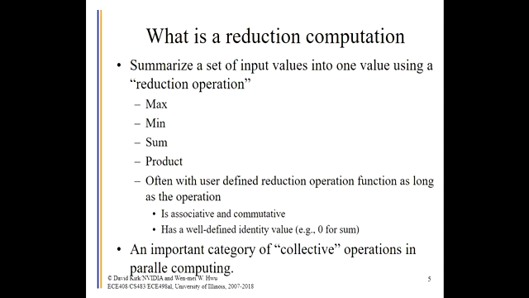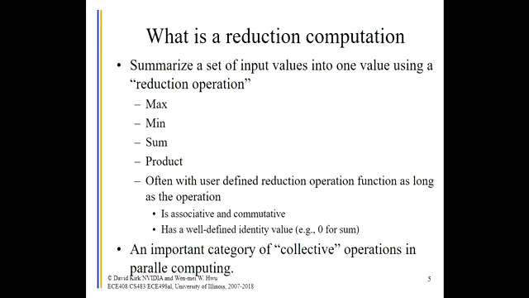And for sum, the identity value will be 0, because 0 added to any value will be that other value. So 0 is the identity value for sum, and for product it is 1, right? When you multiply 1 to any value, the outcome will be that other value. So each of these operations has a well-defined identity value, and this gives us the ability to perform parallel computing on any of these operators.